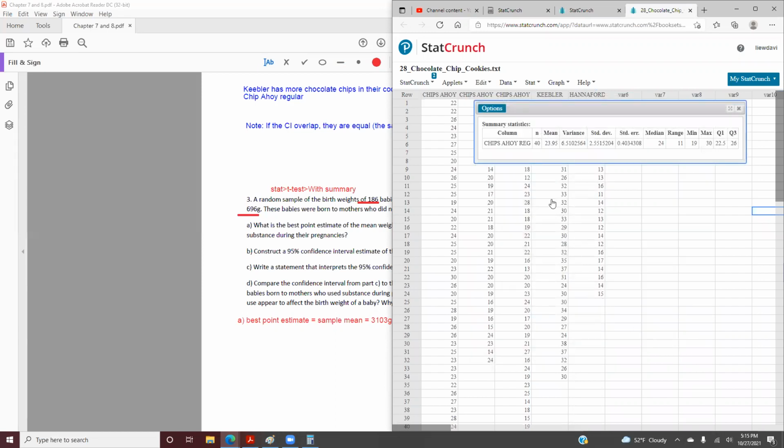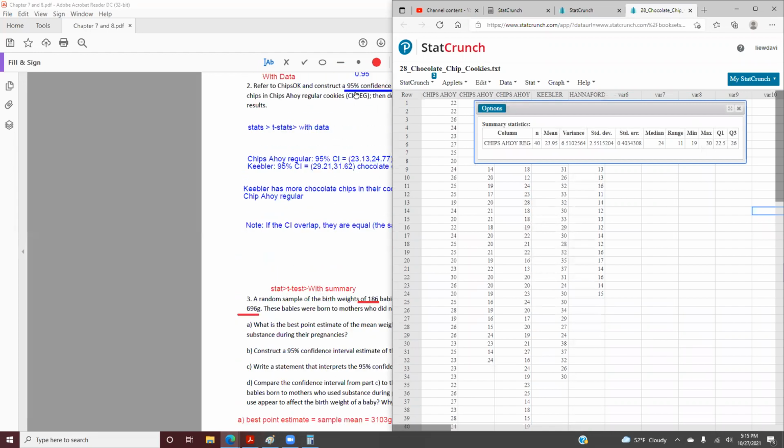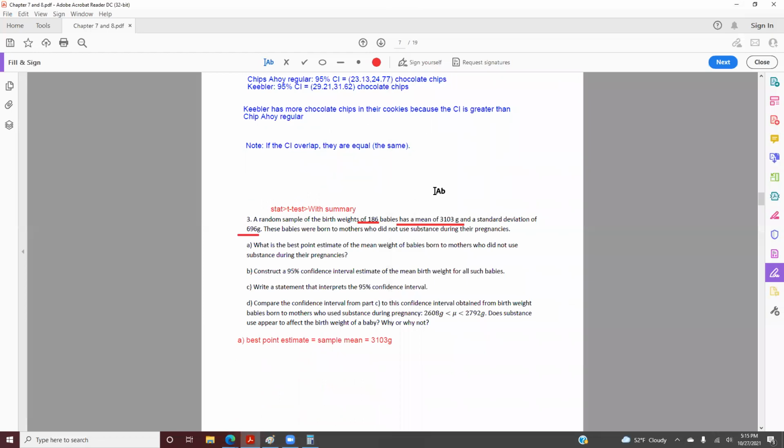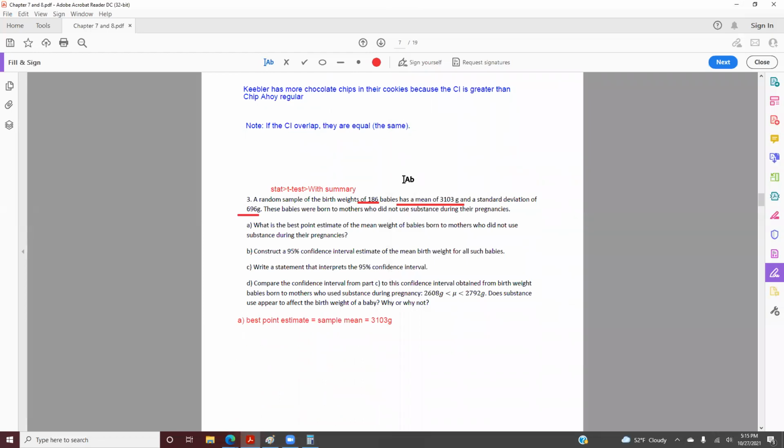But this question is looking for a confidence interval, not the mean. Yeah, but in some questions you have to find the mean first. Yes, that's how you find your mean if a question gives you the data. So it depends on the questions. That's why you have to read the questions and see what they want.